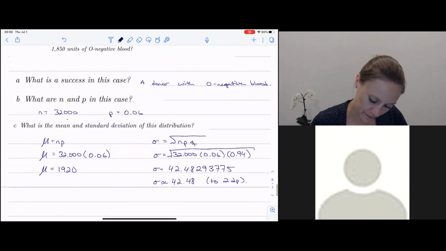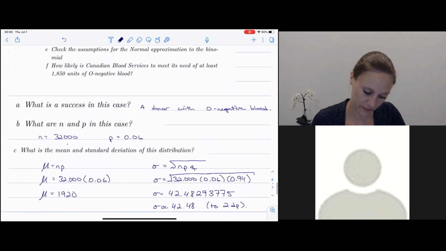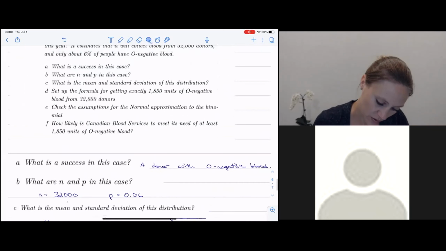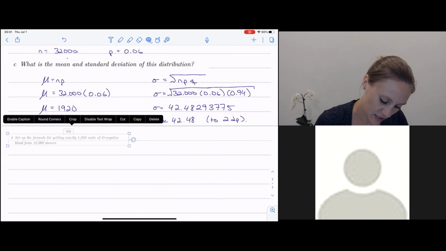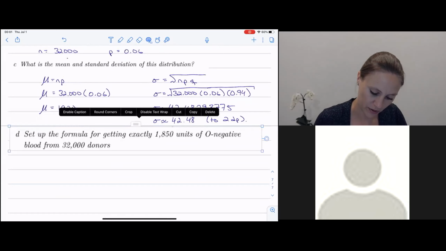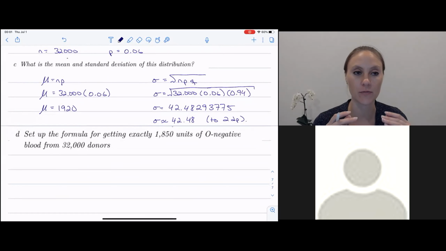Okay. So we have the mean and we have the standard deviation. Good. So now it wants us to set up the formula, and there's a reason it just wants us to set it up. That's because we're not going to be able to use the choose function.